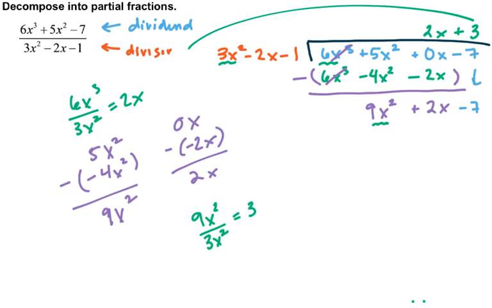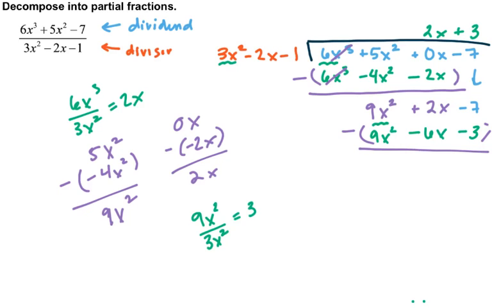Again, I take that 3, I multiply it by this, I'm going to put it underneath. So 3 times 3x squared is 9x squared. 3 times negative 2x is minus 6x. And 3 times negative 1, we're going to have minus 3. So again, I'll subtract all of that. And when I do my subtraction, those first terms always cancel.